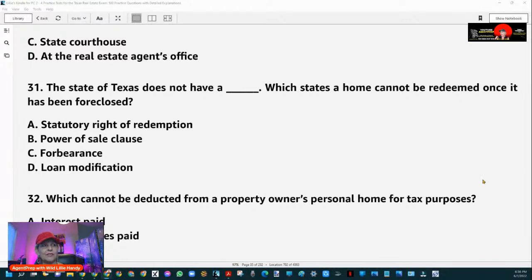Redeem. In the state of Texas, you cannot redeem. In fact, I think in most states you cannot redeem a property once it has been foreclosed, nor rebuy it, or even have a family member buy it. It has to be at arm's length, meaning no relationship, no favors of anybody doing it for you in order to get the property back.